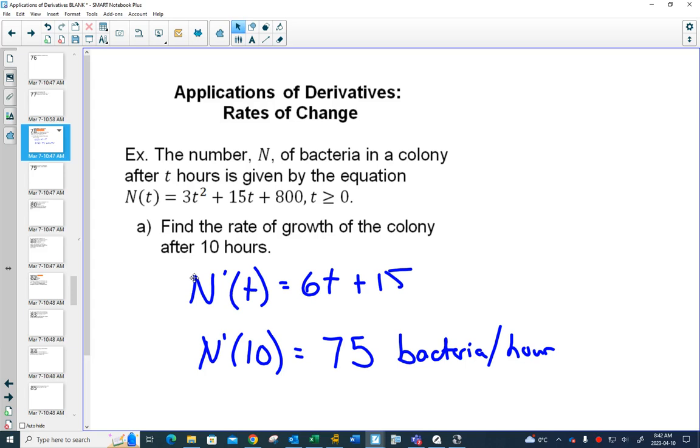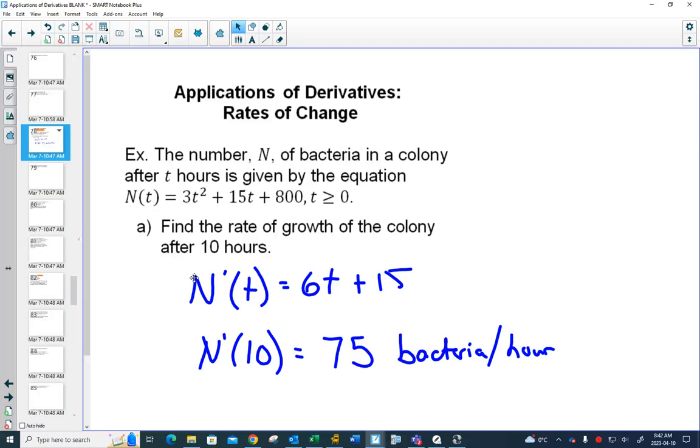And what that's telling us, that after 10 hours, this colony is changing at a rate of 75 bacteria per hour. So you could do an estimate and say, I would expect there to be 75 more bacteria in the next hour. So this is what this is telling us.